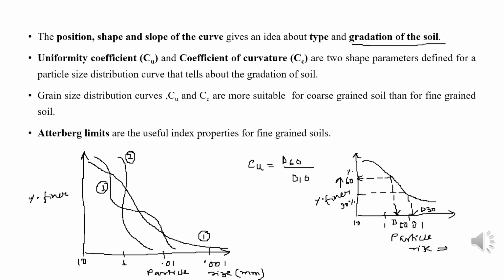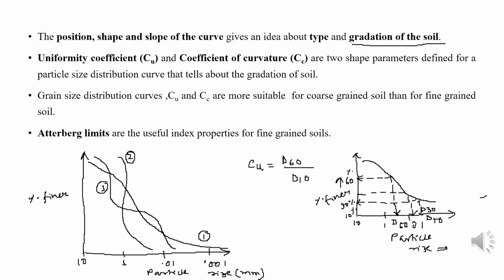Okay, now what do we mean by D10? So D10, similarly, if we take 10% on the graph and we take the corresponding point on the x-axis, this is my D10.